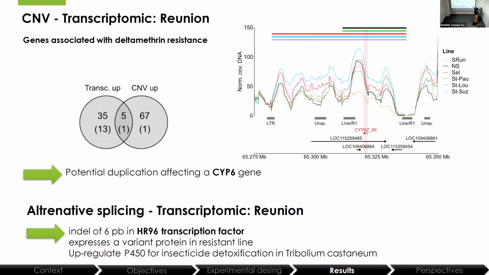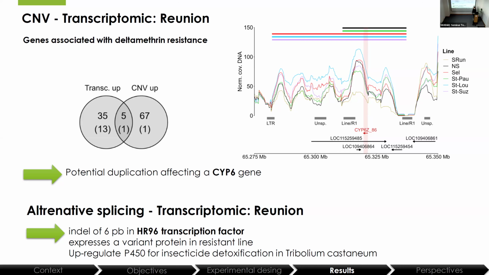The duplication is bordered by repeated elements, and it seems to have 2 haplotypes of this duplication in our line. But the presence of this duplication still has to be confirmed.